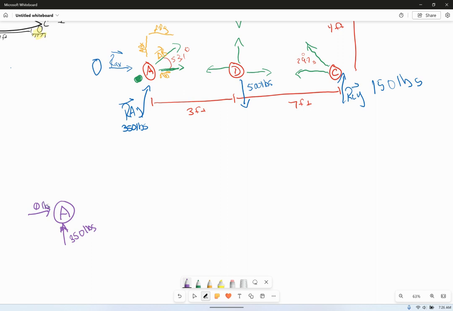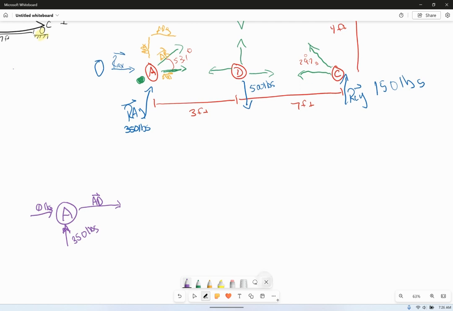I need to find the AD vector. I need to find my AB vector. So I'm making a free body diagram. So this is my AB line that I need to find.